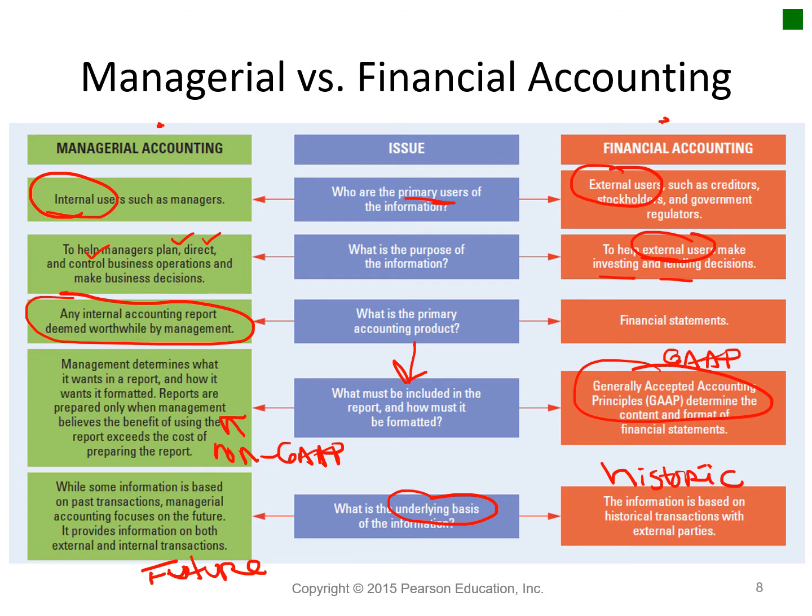So you always rely on historic data to make decisions about the future, but specifically financial accounting is all about organizing what happened yesterday and then showing the investors to make decisions about the future, obviously. But our key focus here is strictly the future. We will use some of the historical financial statements to create budgets and to make future decisions. But again, the primary basis in this class is future emphasis. Financial accounting is historical emphasis.